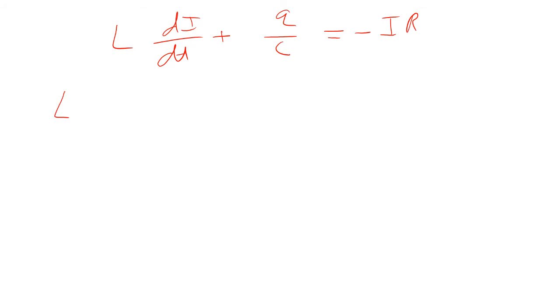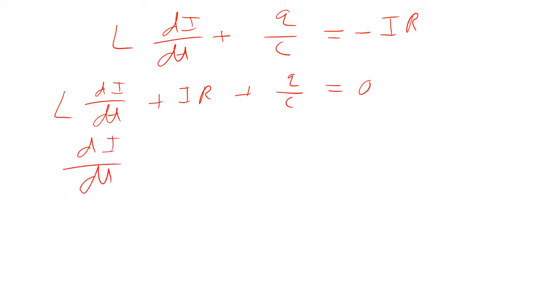Well, let's move this over to the other side of the equation. So we have L dI/dt plus I R plus Q over C equals 0, so dI/dt plus I R over L plus Q over LC equals 0.